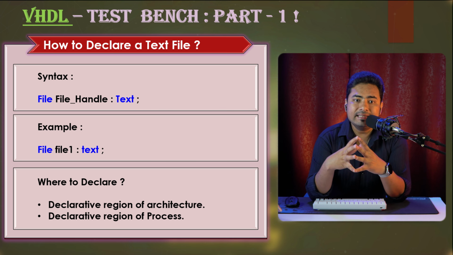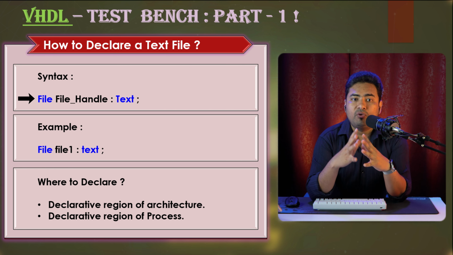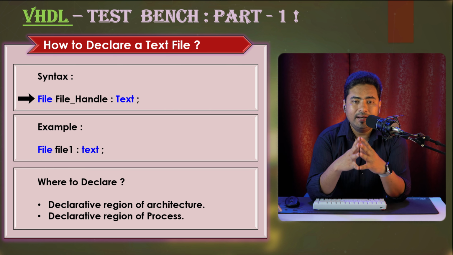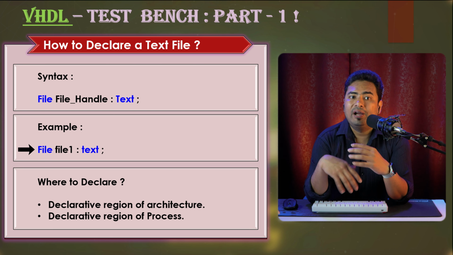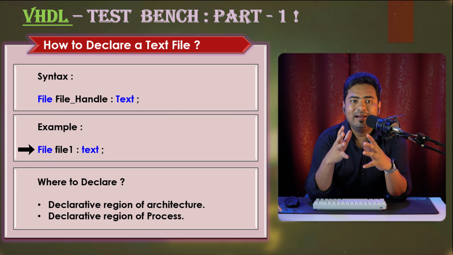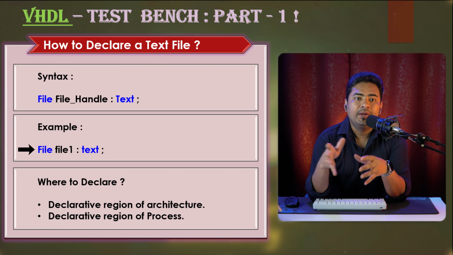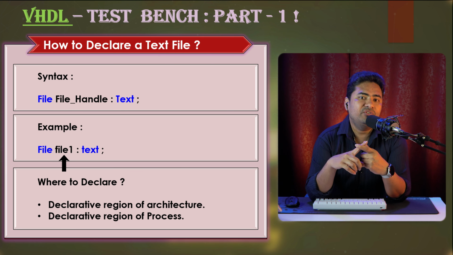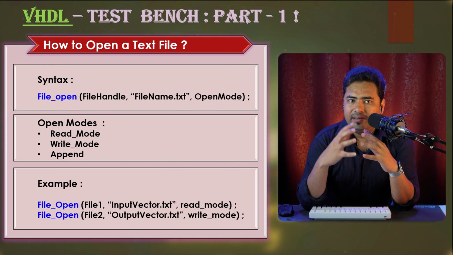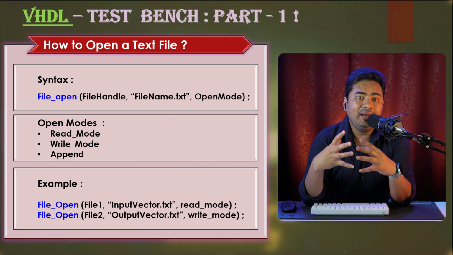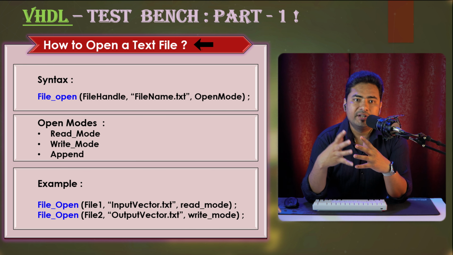So the syntax is file, file handle, colon, text, semicolon. For example, file file1 colon text semicolon. So we have created a text file named file1. Simple.